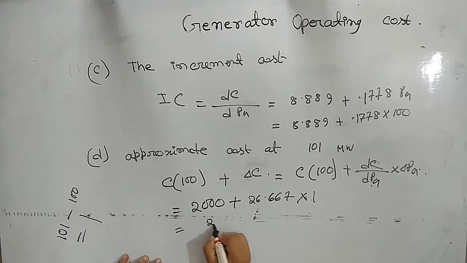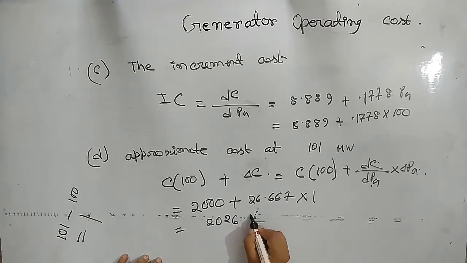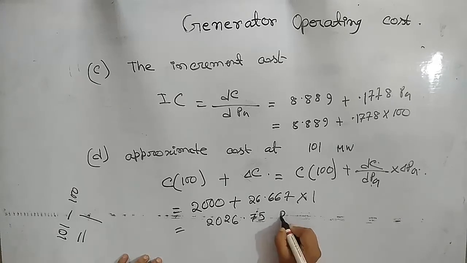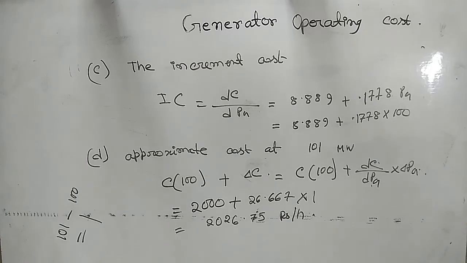So from this, the value of cost is 2026.67 rupees per hour at 101 megawatt. Now this is the approximate cost.